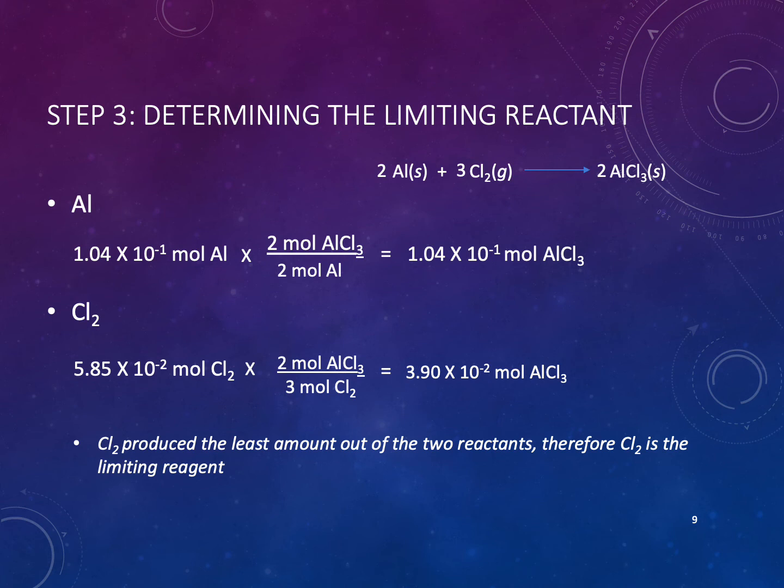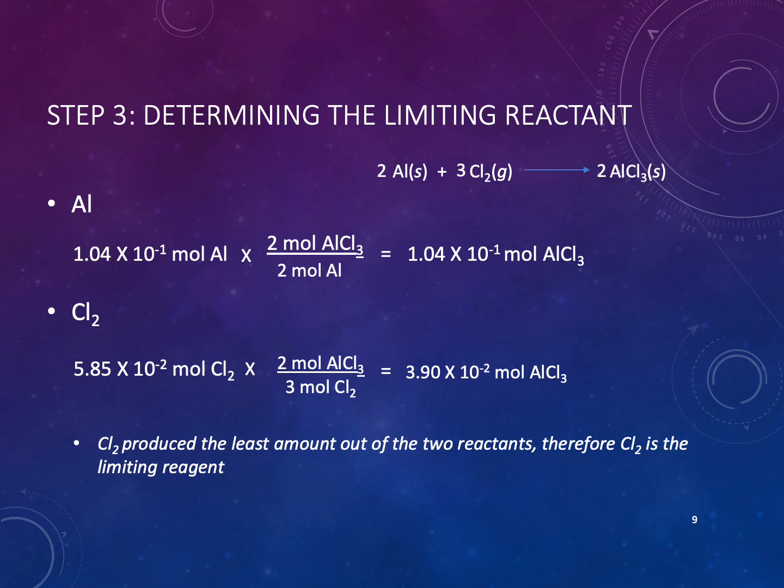First we start off with aluminum. We take the moles, 1.04 times 10 to the power of negative 1 mole aluminum, times the mole ratio. As you can see in the balanced equation, it is 2 divided by 2. And then you are left with 1.04 times 10 to the power of negative 1 mole aluminum chloride, which is the same amount as the aluminum.